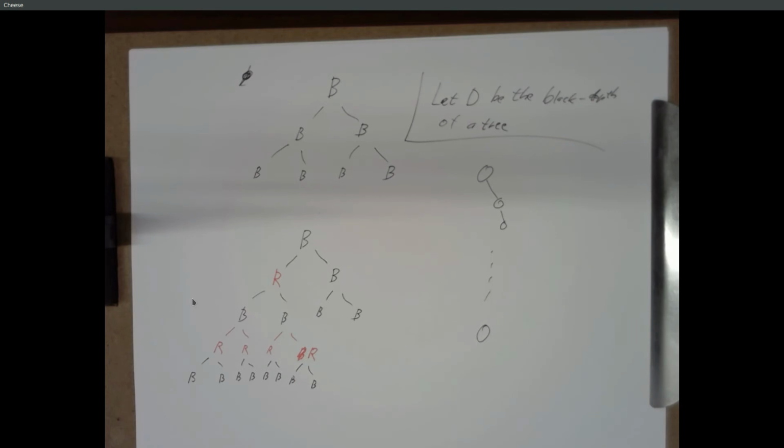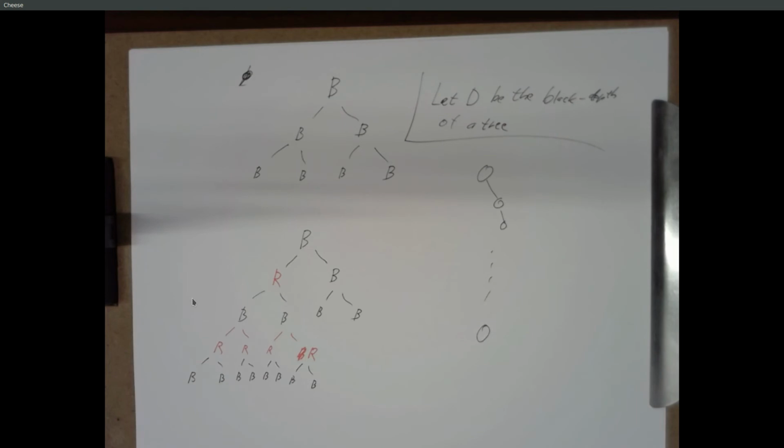What colors? If they alternate red and black, there'll only be D over 2 blacks along that path, and since the black depth is D, there's got to be D black nodes. So black to black to black. If I have a path from the root to a leaf where every node is black, that's the shortest possible path, and that's going to have D nodes.